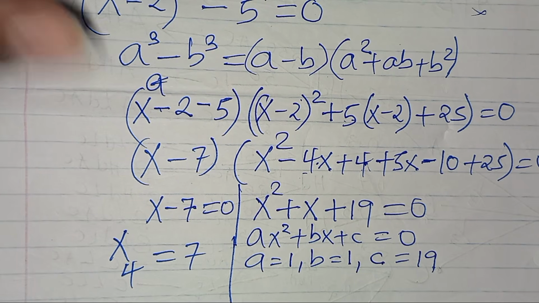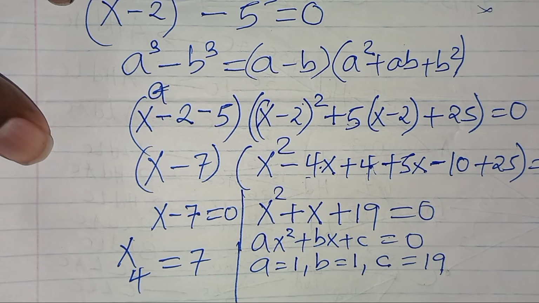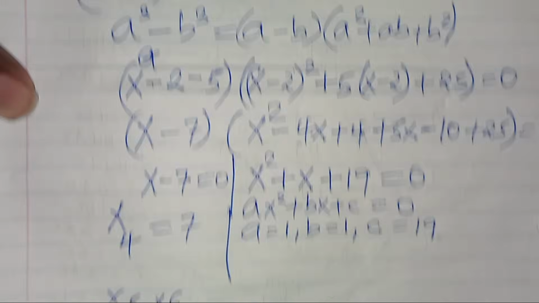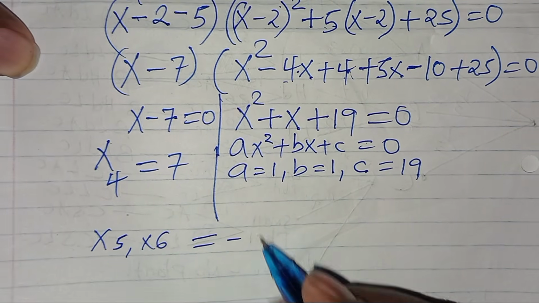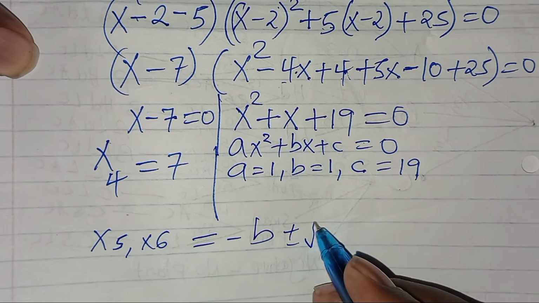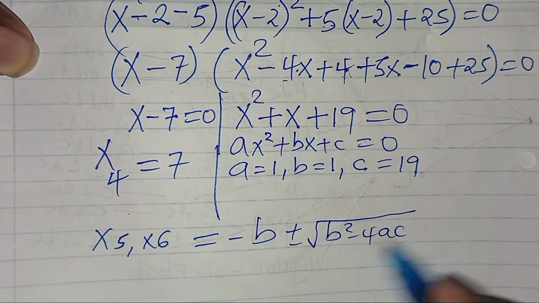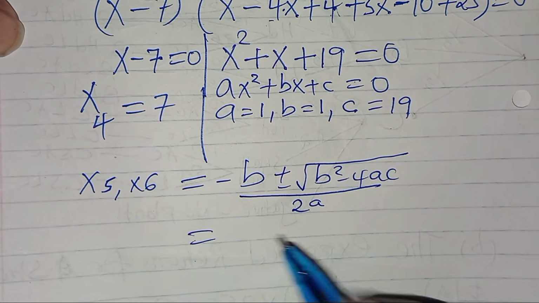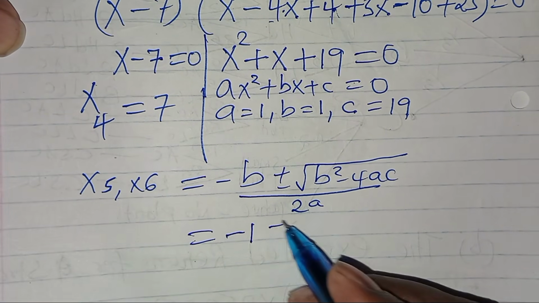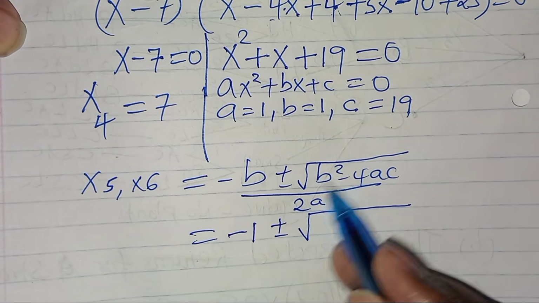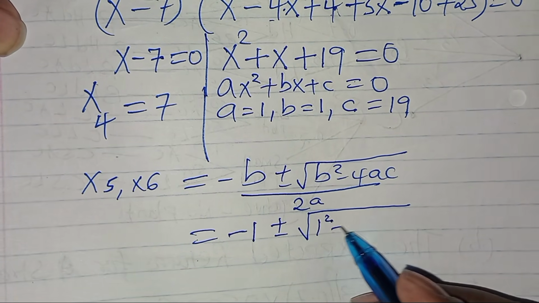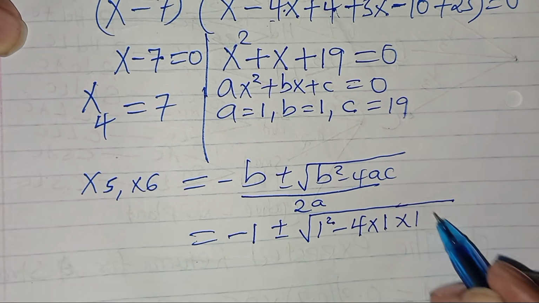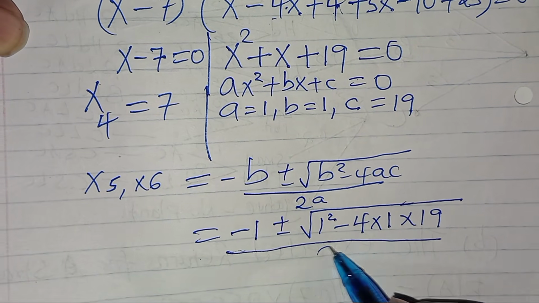Now, the next phase here is to solve for x5 and x6 by introducing the quadratic formula, which is negative b plus or minus the square root of b squared minus 4ac, all this divided by 2a. So here we'll have negative b, which is negative 1, plus or minus the square root of b squared, which is 1 squared, subtract 4 times 1 times 19, all this divided by 2.